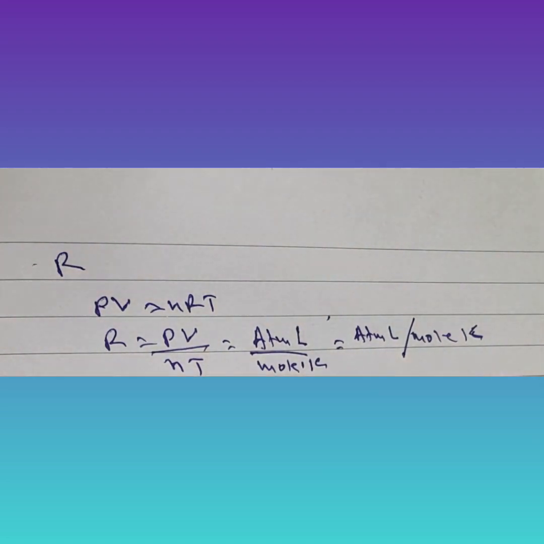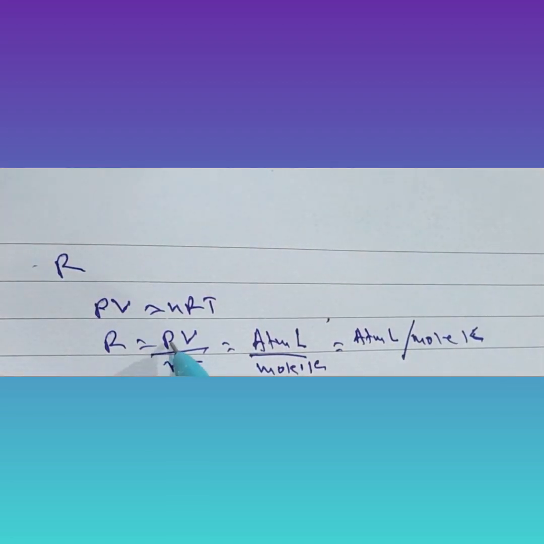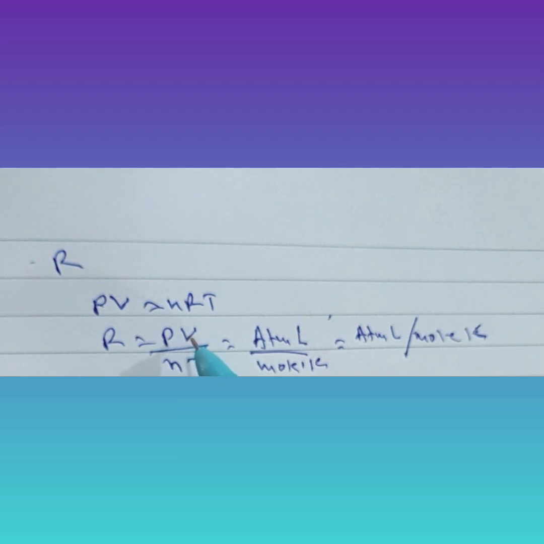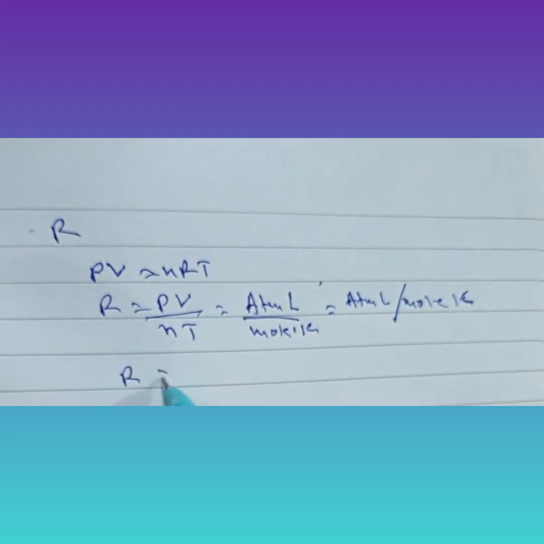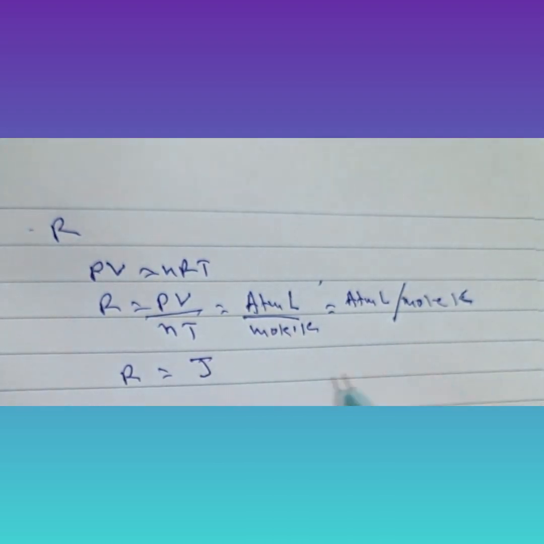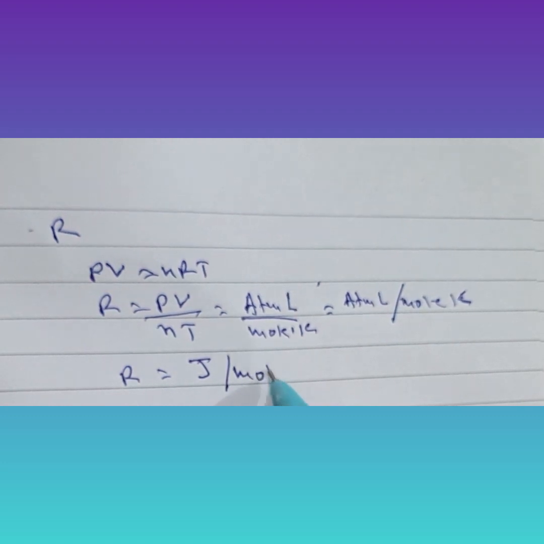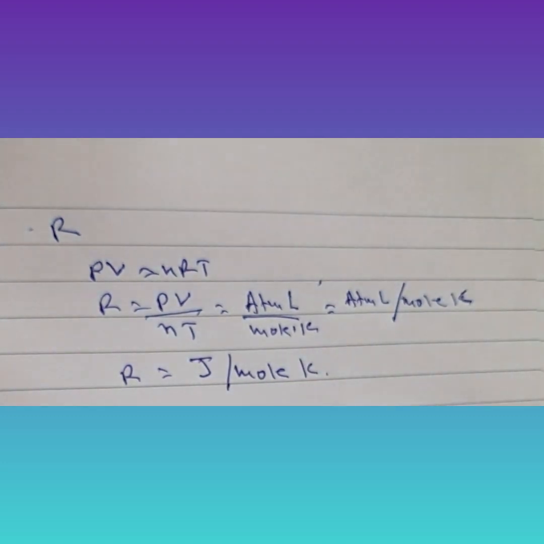We also know that pressure volume is a type of work, and the unit of work is joule. So the unit of R can also be joule per mole Kelvin.